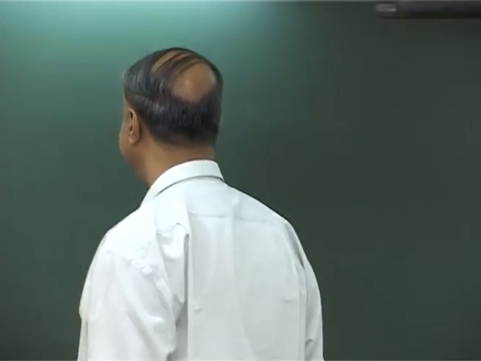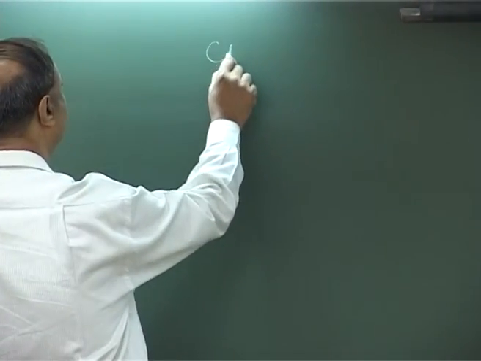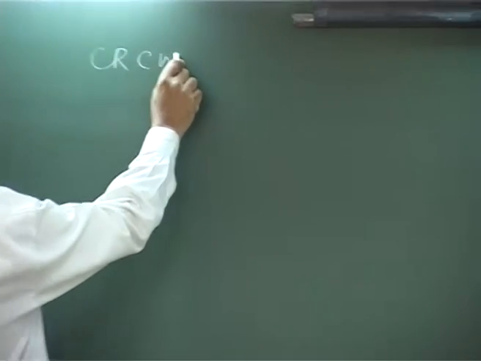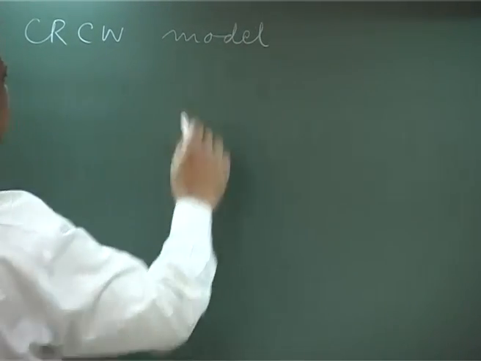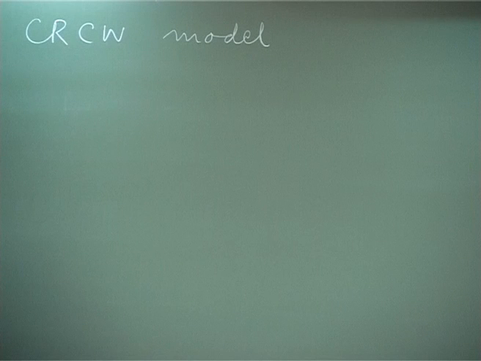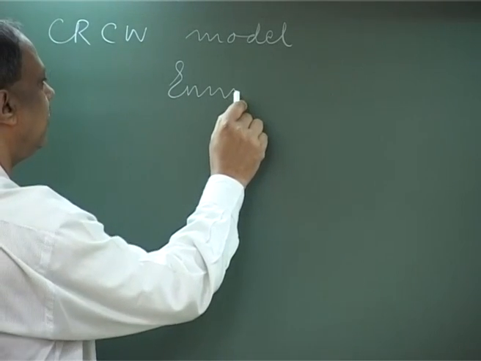Now first let us discuss the sorting on the CRCW model. And the sorting technique is the enumeration sorting technique.